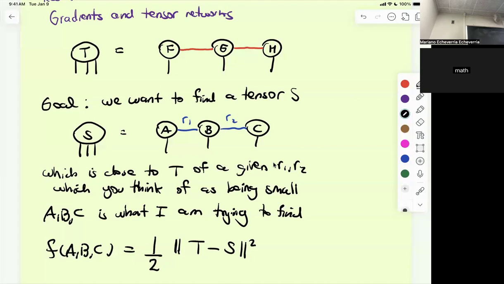Because this is a sequence of ranks, it is sometimes called a multi-rank, since it's not just a single number. But it is similar to trying to find these low rank approximations. Okay, we can think about this as a low rank approximation.